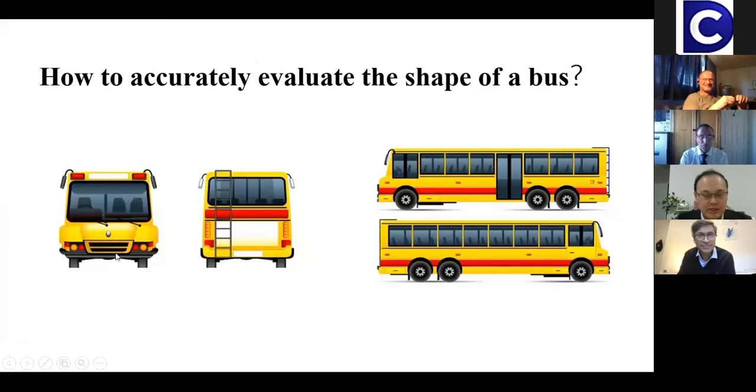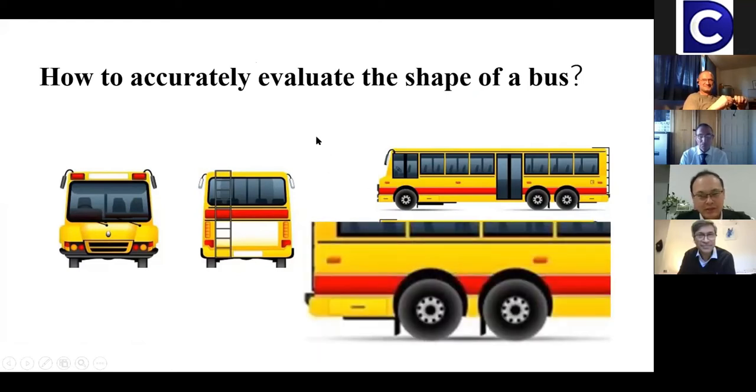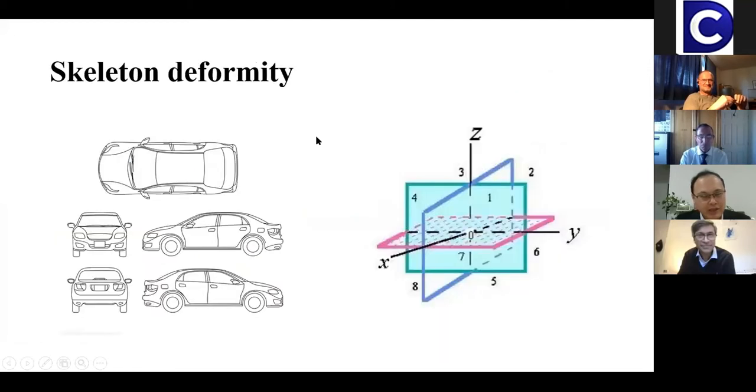So you can see the front view, back view, and lateral view. Similarly, how do we evaluate the limb deformity, especially the skeletal deformity? It is similar to a car. We have the axes like X, Y, Z, which is very important to evaluate the deformity.